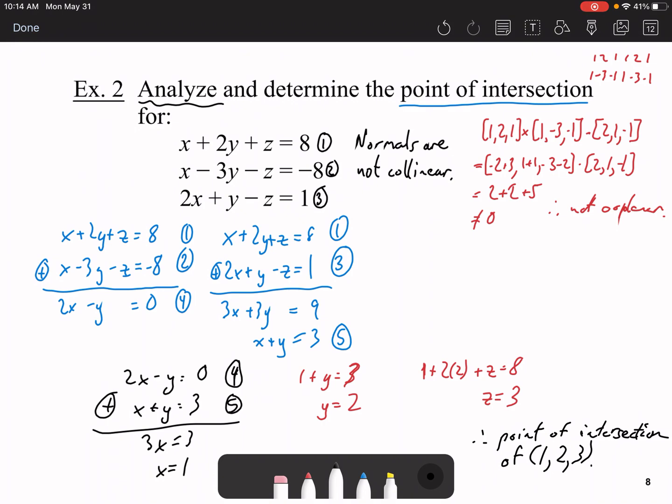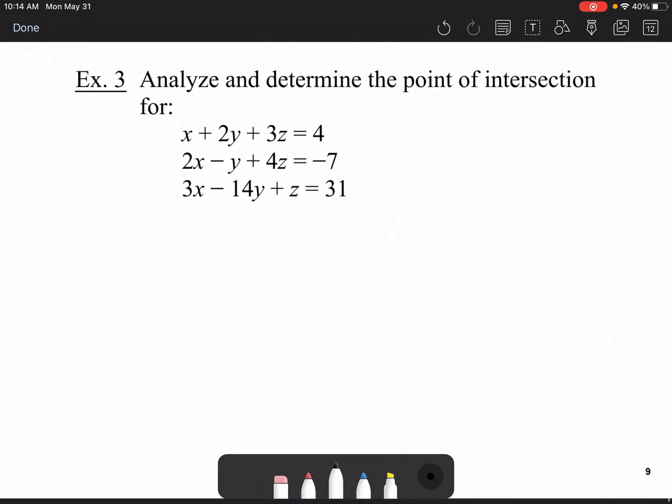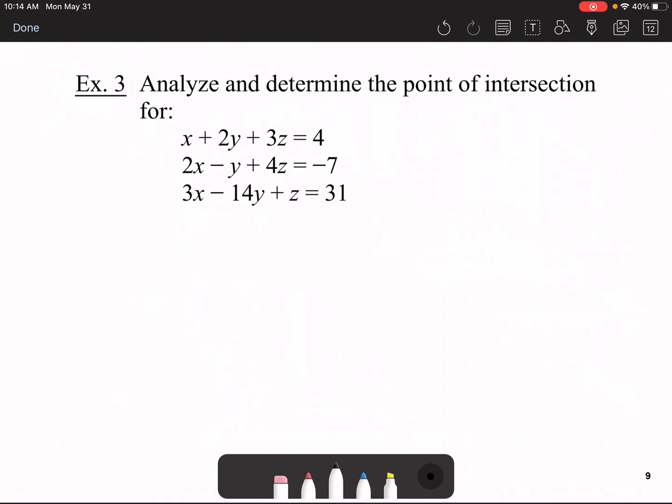So let's try that again with another problem. I encourage you guys to pause your video and try this one out on your own. Okay, so again, I'm going to label these 1, 2, and 3.